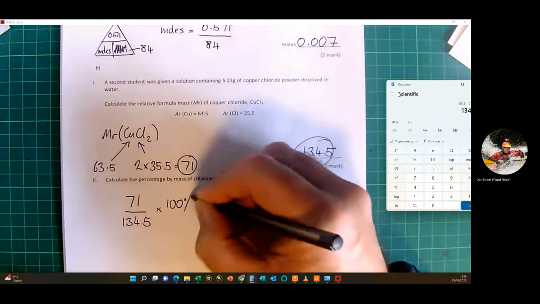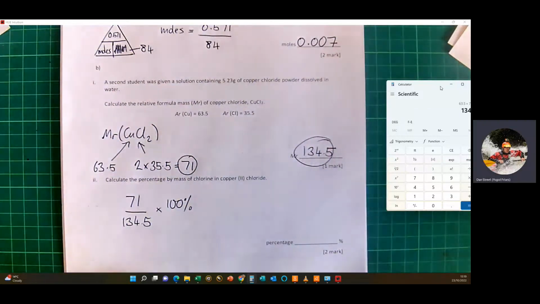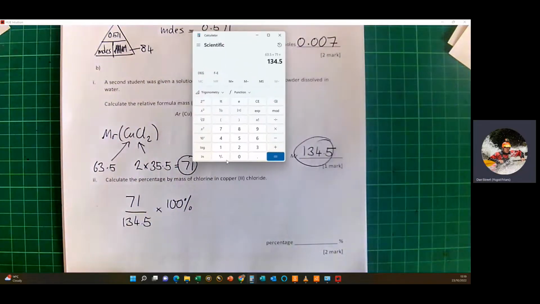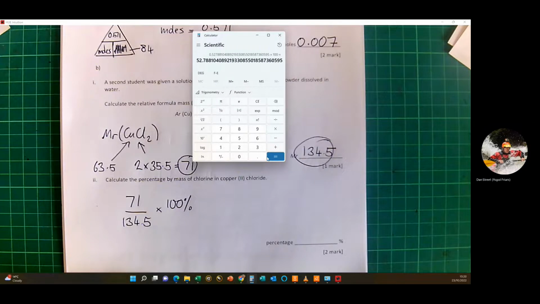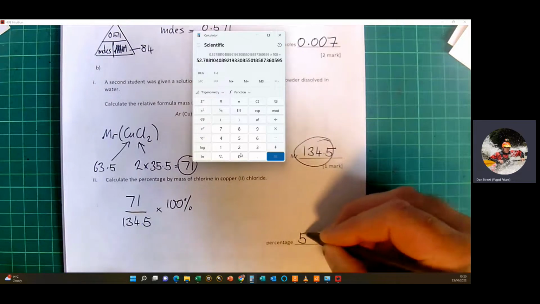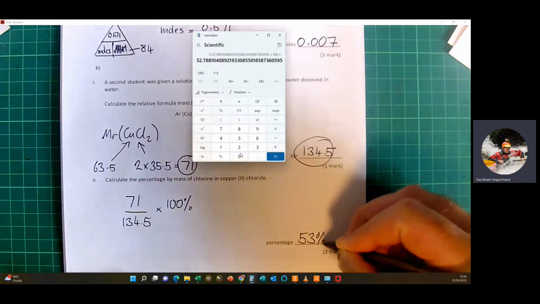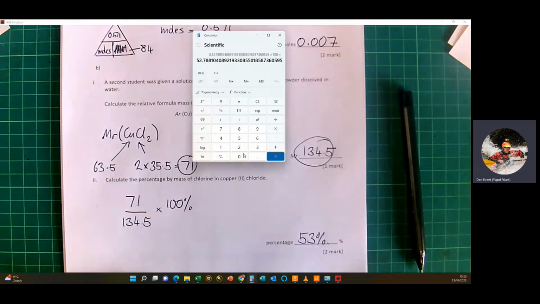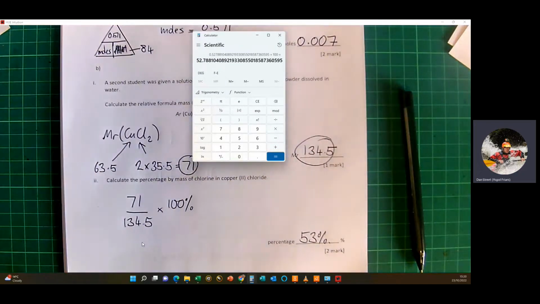We'll do that live on the calculator. 71 divided by 134.5, times that by 100, is 52.7%, or 53%. Okay, so hopefully I can help you understand where you went wrong.